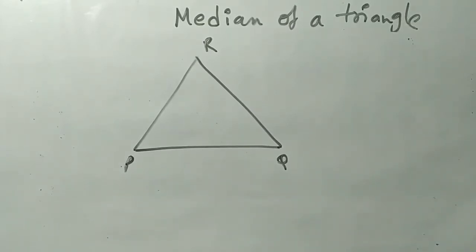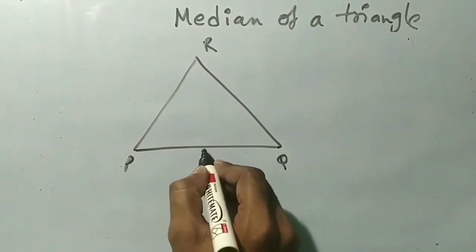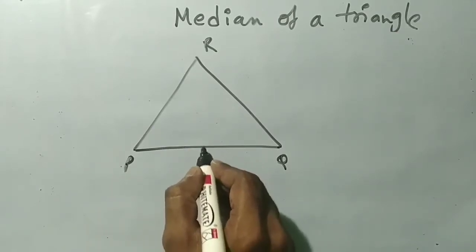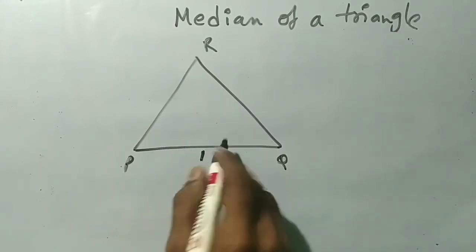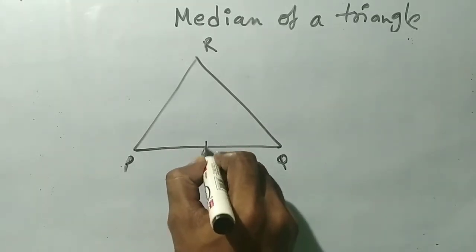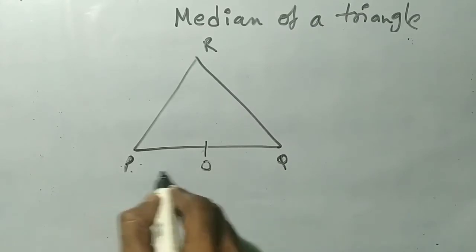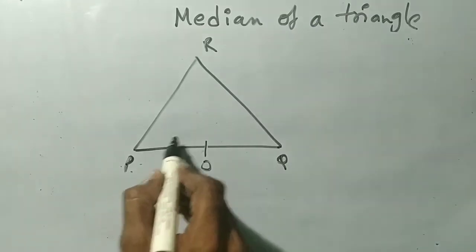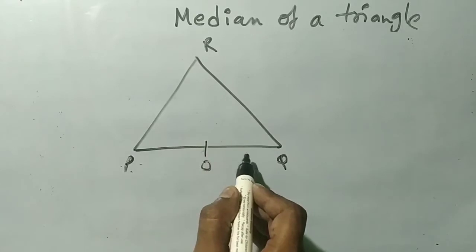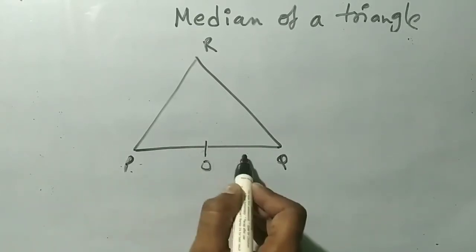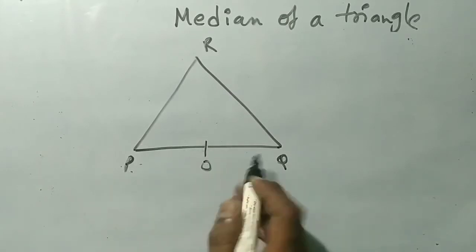In order to find the midpoint, here PQ is a line and we have to find its midpoint. A midpoint is nothing but the point which makes equal halves. If we consider this point O, then PO is equal to OQ. These two parts should be equal halves. So that is a midpoint.